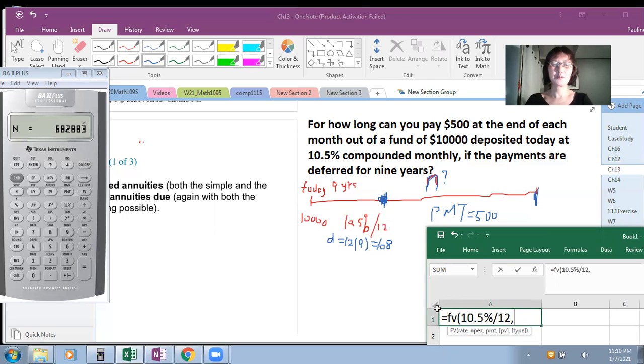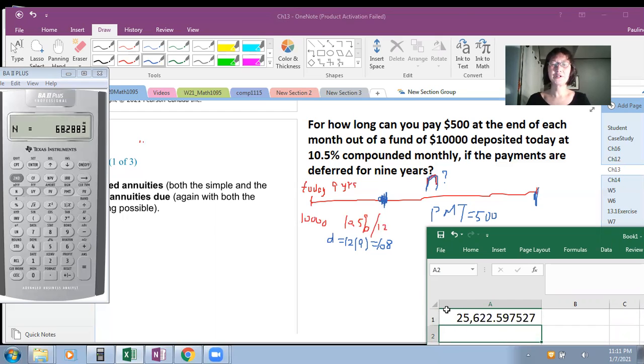NPER, 12 months times 9 years. That is actually 108. And then PMT is 0. Present value, negative 10,000. Type 0.